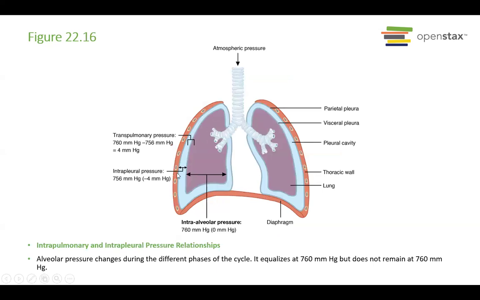So my lung has to be encapsulated in layers, the same way my heart was. So we have the parietal pleura, we have the visceral pleura, and between them is a serous sac to prevent us from damage. And there will be intrapleural pressure.